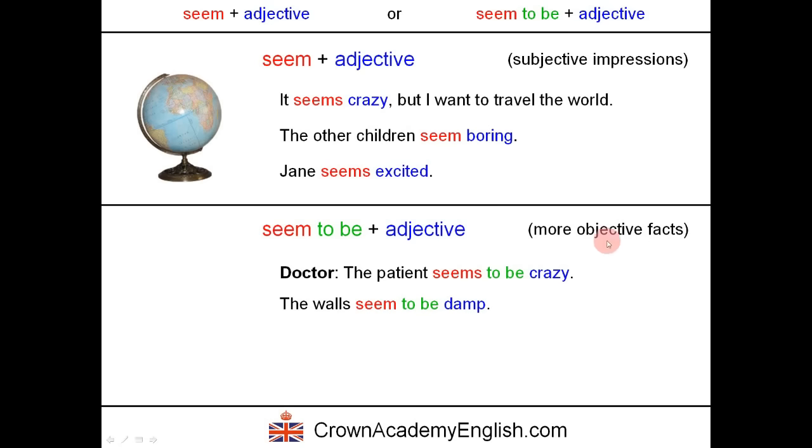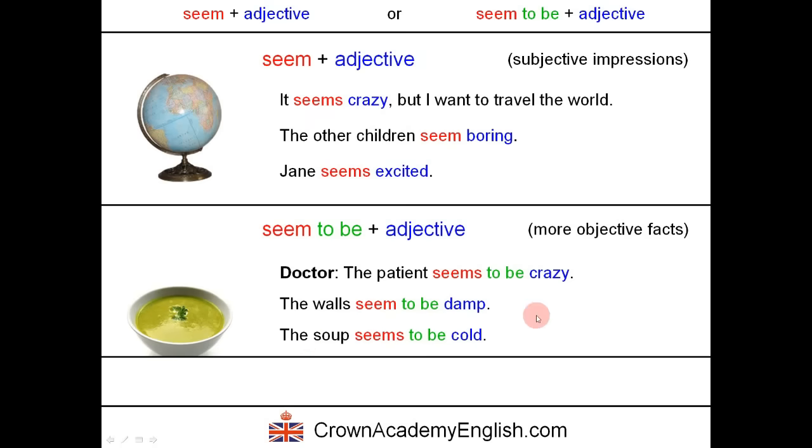So it is more objective. So we use the verb to be. Seem to be damp. And the soup seems to be cold. If you touch soup or you taste soup, everyone knows if it's cold or hot. So it is more objective. So we use the verb to be.